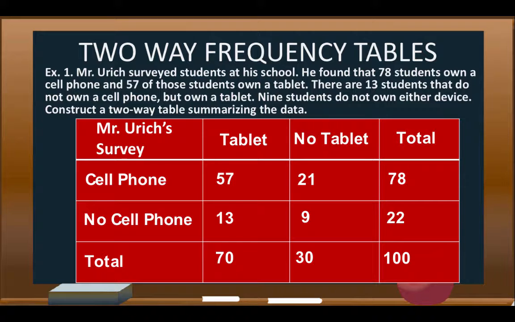So that's just a quick way to check yourself and make sure that you made this correctly, because now we're going to go on and calculate stuff from this. So if your original table is not made correctly, then all your calculations are most likely going to be wrong.